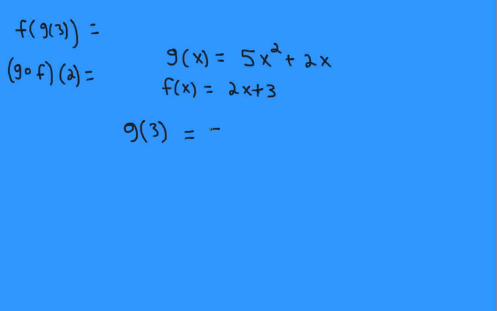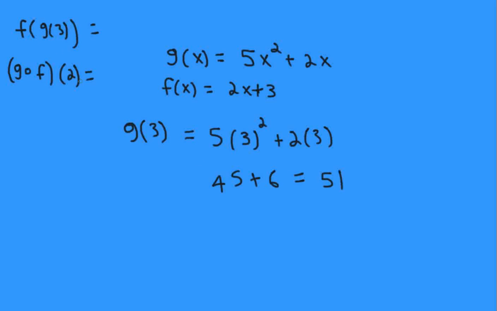In order to do that, we're going to substitute 3 as our x value. So now we have 5 times 3 squared, which is 45, plus 6, and 45 plus 6 equals 51.